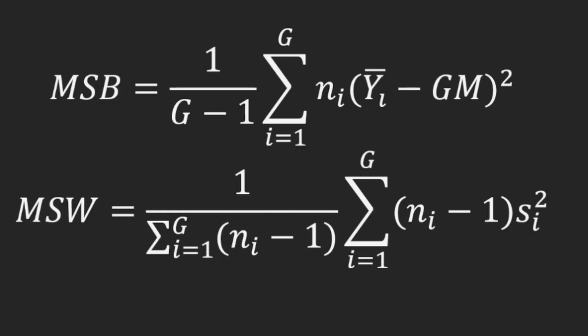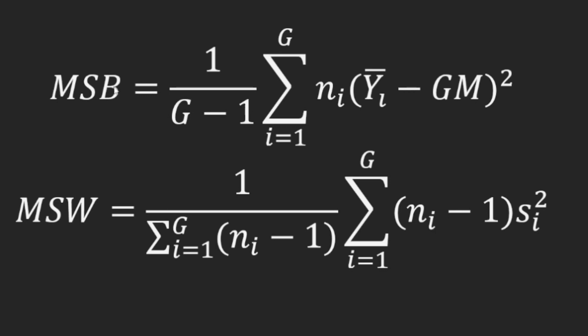We have some formulas that may look complicated, but I am going to do my best to explain exactly what this symbolism means. We're going to eventually calculate the mean squared error between the groups. How many groups do we have?